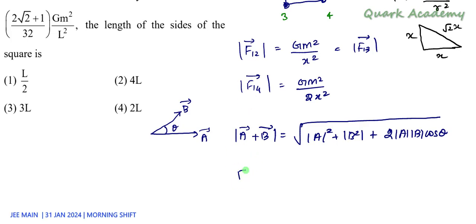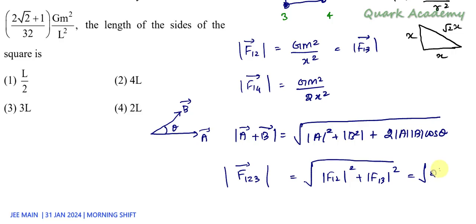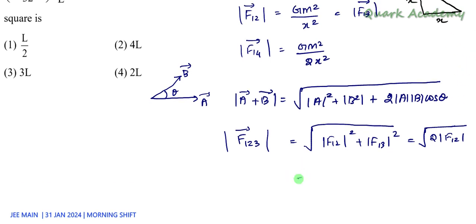So let me write it. I'll call it F123, which is the combination of F12 and F13, and its magnitude is the square root of F12 squared plus F13 squared. Since both of them are the same, it is twice F12 squared, so this is equal to root 2 times the magnitude of F12.